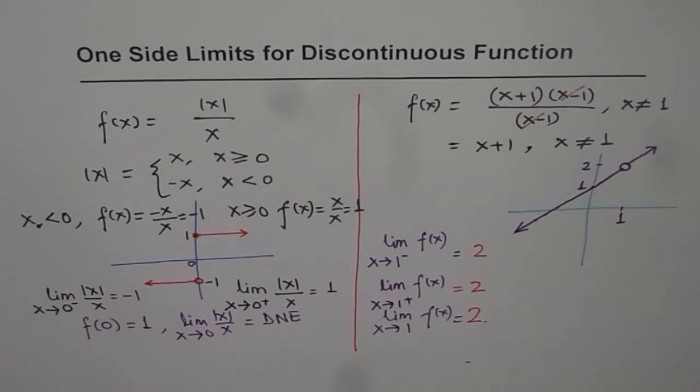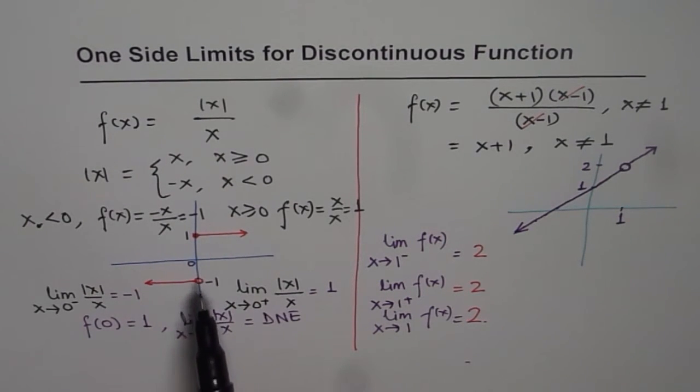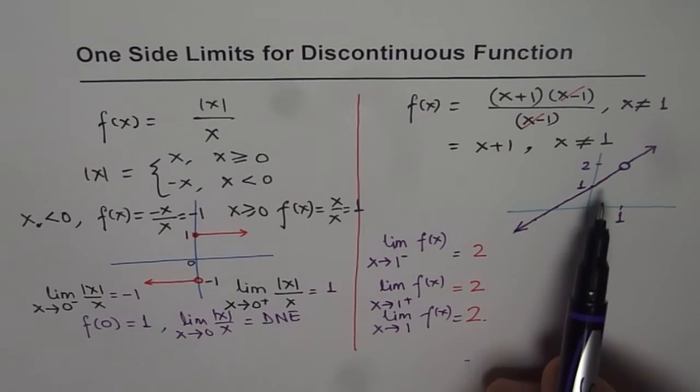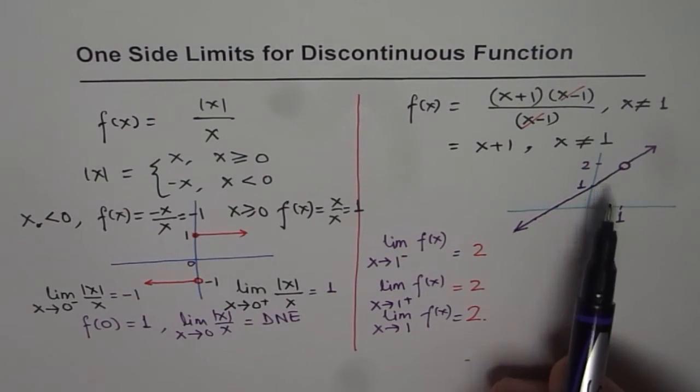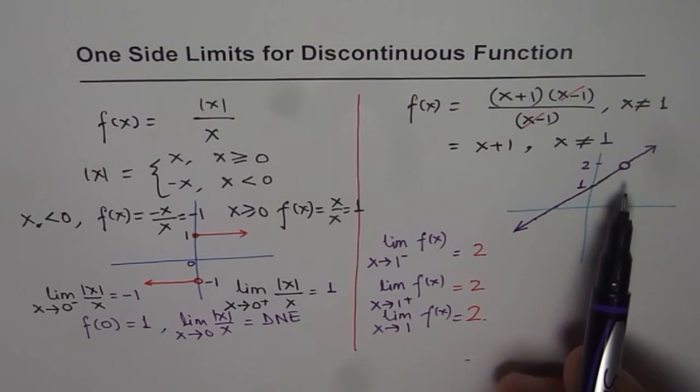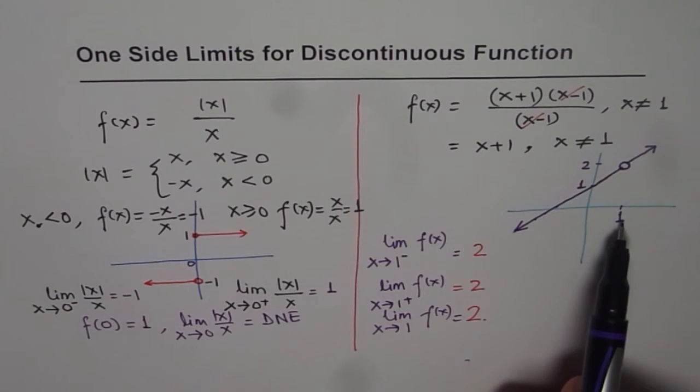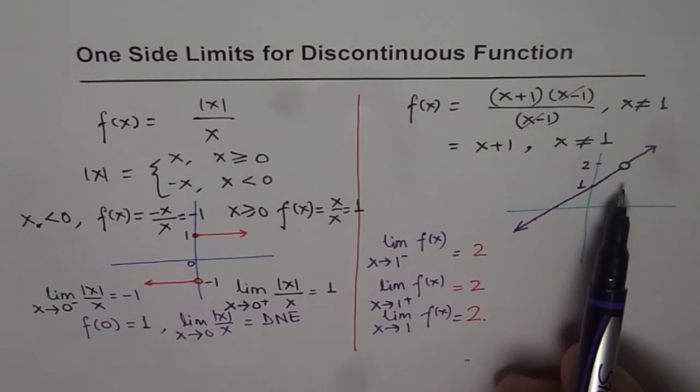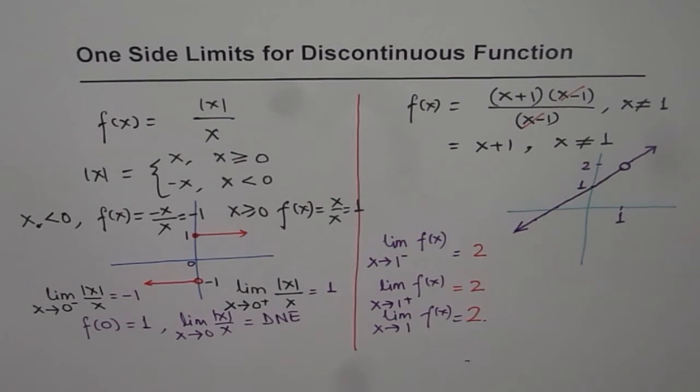So there are basically three types of discontinuities. One which we discussed in the previous video, infinite discontinuity, which was for a vertical asymptote. And here we have two other discontinuities. One is jump discontinuity. In a jump discontinuity, one-sided limits exist, but the limit at that point does not exist. And when we have a hole, then the left and right side limits exist, and the limit at that point also exists, right? But still the function is discontinuous. It has a discontinuity of the kind of a hole which can be plugged in.